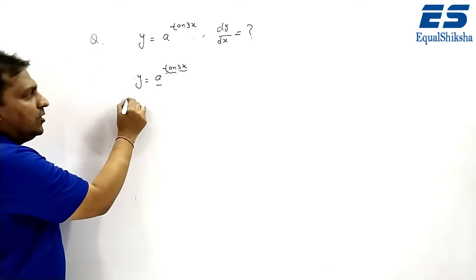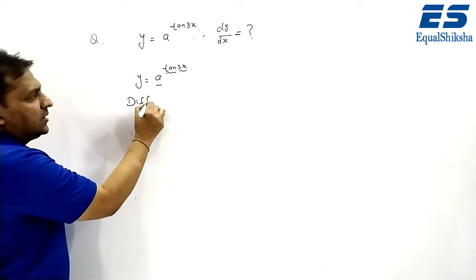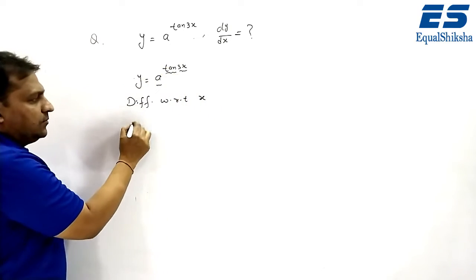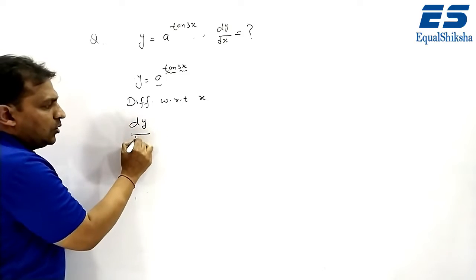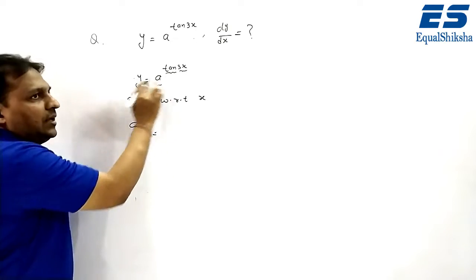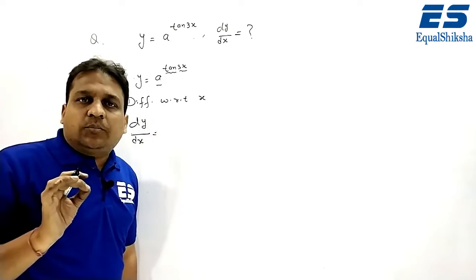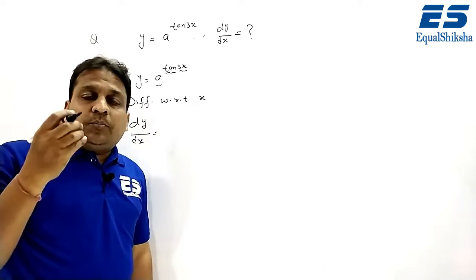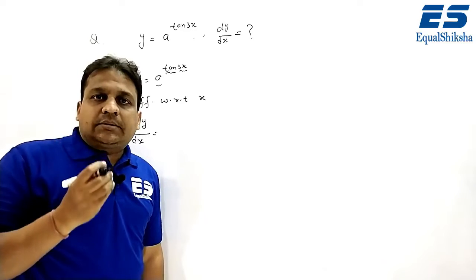So for finding the value of dy by dx, it means differentiation with respect to x, first we have to differentiate this a. The differentiation of a to the power x, as I told in the previous video, is a to the power x log a.